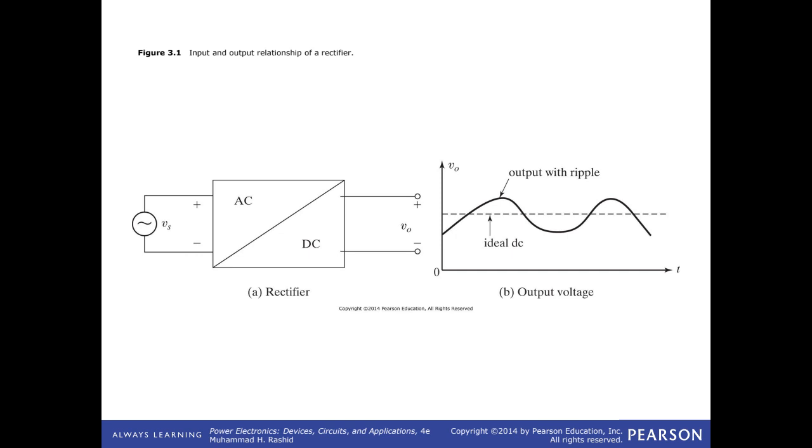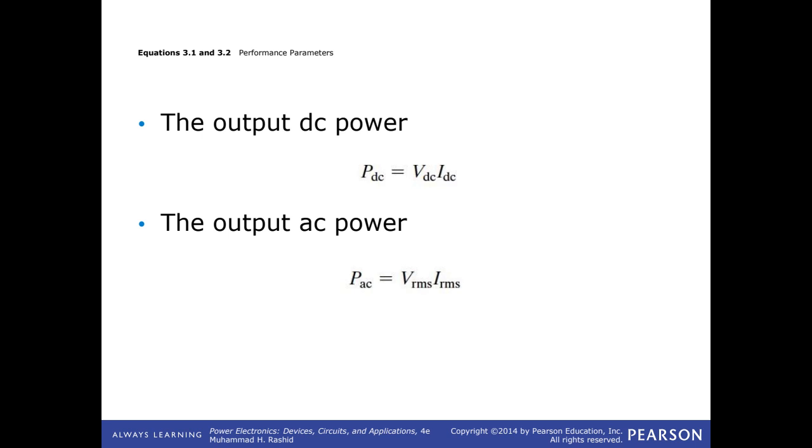Ideal DC, Mohammed Rashid writes here, means that it is actually an average value. You start from AC, you get a DC. Now, you have DC components and AC components. For output, DC power is equal to VDC times IDC.